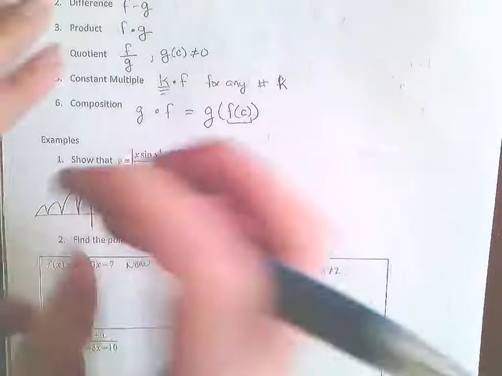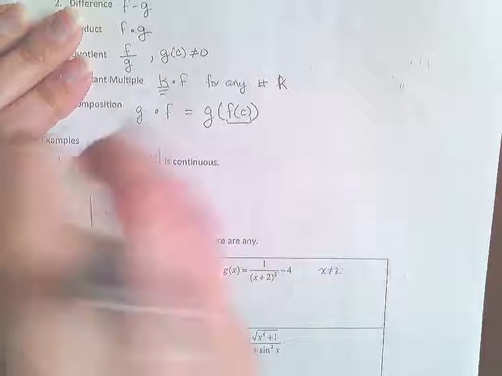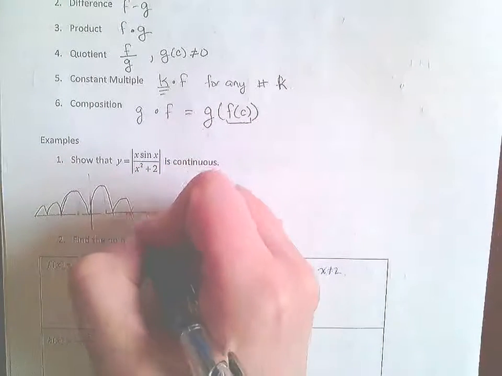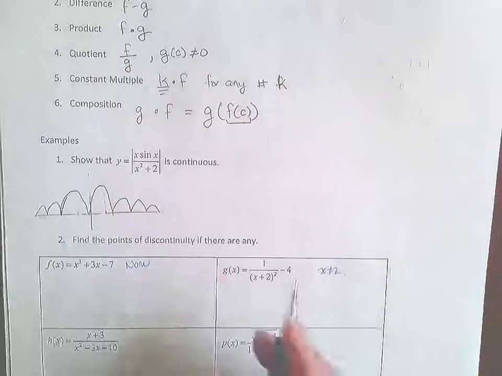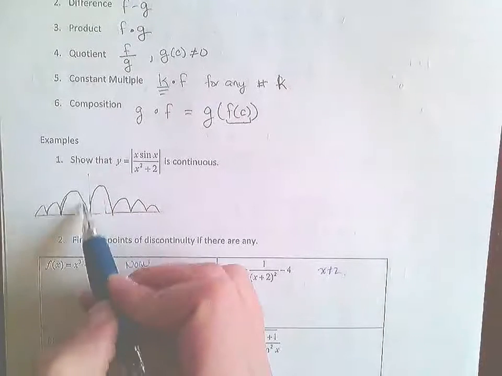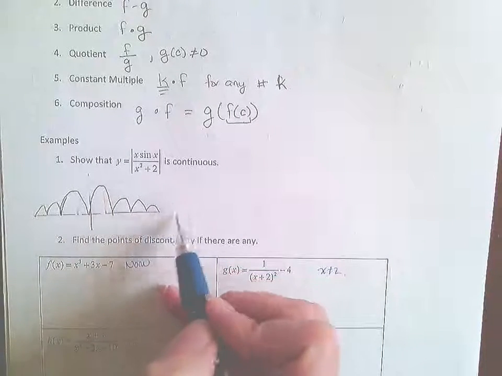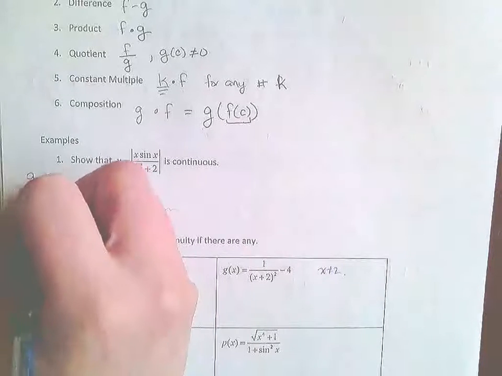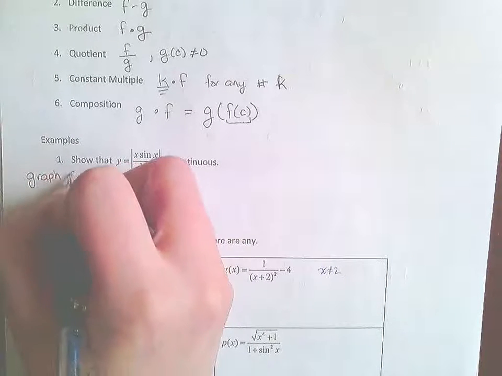I actually drew it completely wrong, but you get a graph like this. You can see that this graph is continuous because it keeps on going forever and ever. So the graph suggests continuity.